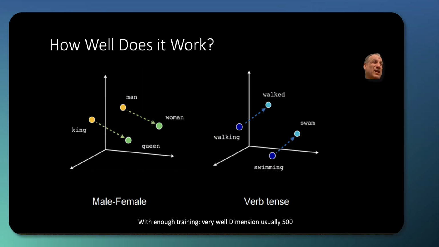So interestingly enough, this Word2Vec embedding encodes sort of a gender thing, right? A change from king to queen, or from waiter to waitress. You do the same thing and you'd actually find waitress. Or walking, walked: like a tense, you could then add that to swimming and find out it swam.